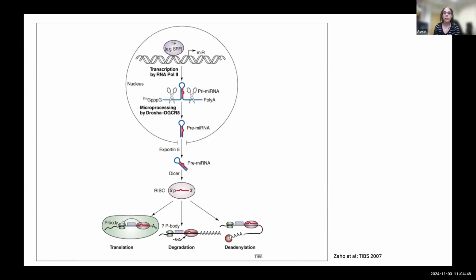You can find them in miRBase. They're all annotated there. And the idea with microRNA is that they are basically genes that go through transcription in many cases. They can be generated from introns, from genes, but they undergo transcription, usually by RNA pol II.